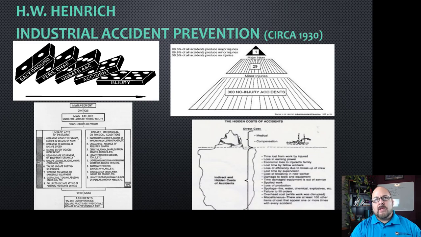The thing is, if you read his book, in the next few pages, he talks about how even though there were multiple factors causing it, he tended to lump them, force them into a single category. And the other thing is, back then they didn't know what attribution error was, which we already talked about in Lecture 4, in which we tend to blame the person most proximal to the accident.